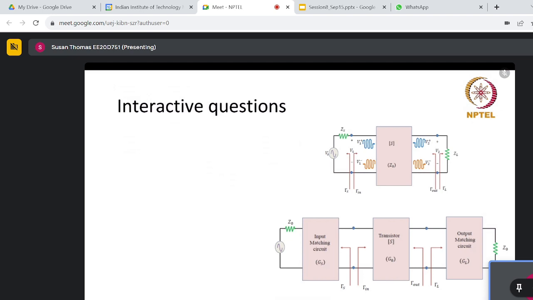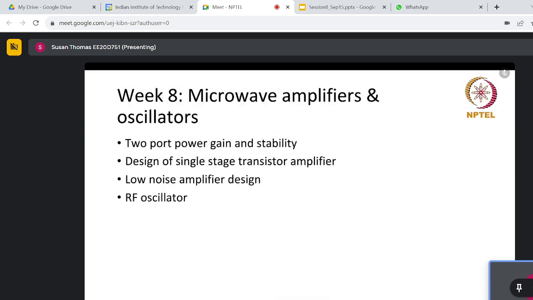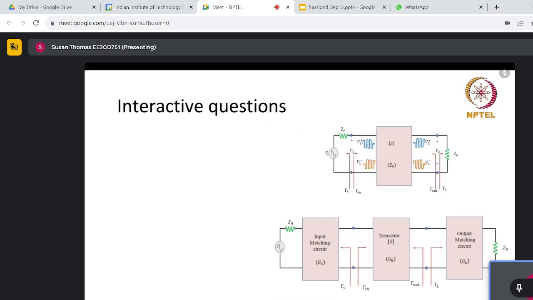So let's start with looking at the representation of a two-port network, which is an amplifier. Any transistor or amplifier is represented by its scattering matrix S, and the feed line's characteristic impedance is Z0.